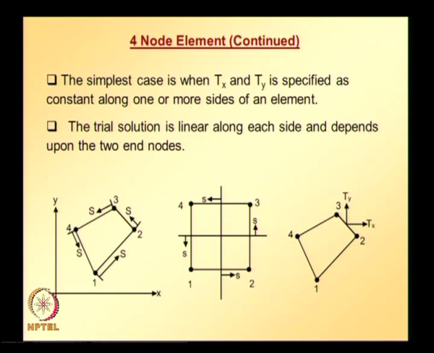For each side, the coordinates capital S for the actual element and the corresponding small s for the parent element are shown. The shape functions for each side can be expressed as follows. If you take the parent element along side 1, 2, the shape functions of nodes 3 and 4 are going to be 0 along side 1, 2.